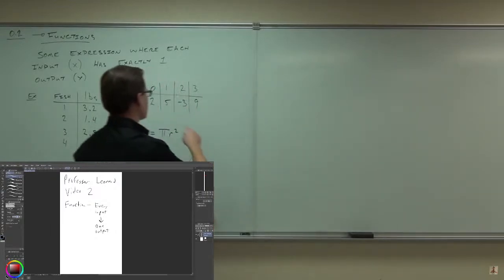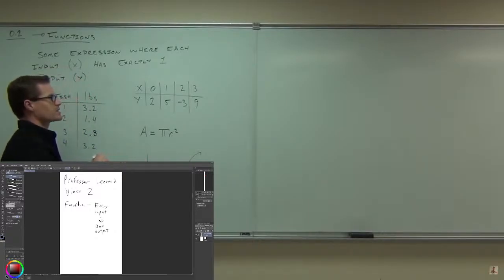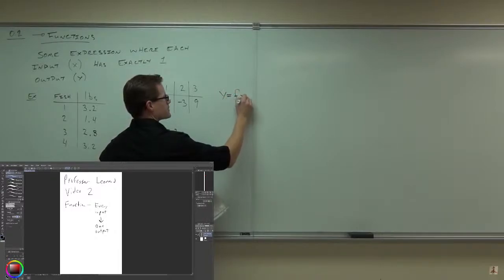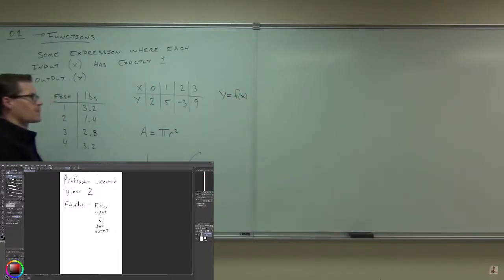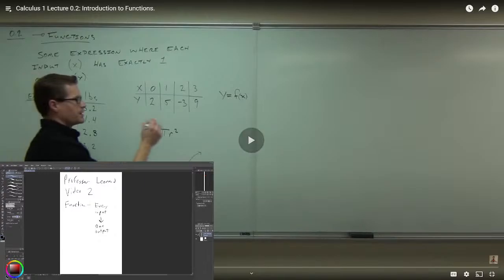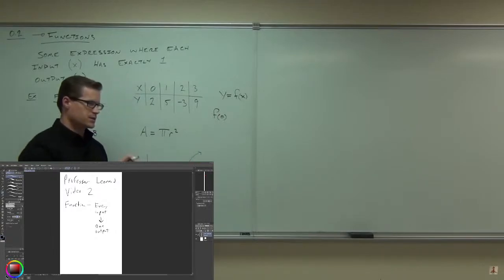Now, one more thing about this one. Let's say we change it just a bit, and we say y equals f of x. Could you find f of 0? What would that mean to do?